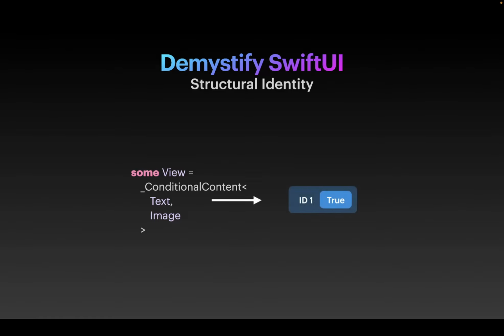For the ConditionalContent, when the statement is true, it will show the Text, and inside this ConditionalContent you assign an ID for the Text. And for the Image, if the condition is false, you show the Image, and you also have a unique identifier assigned to the Image.